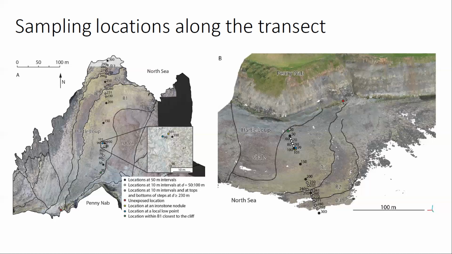Towards the seaward end of the platform, 2 lower sandstone beds are exposed. We targeted the seaward portion of the platform and sampled it at 10-meter intervals and just above and below the steps to calculate long-term step-back wearing. Step-back wearing is a phenomenon typical for structurally controlled platforms that are composed of multiple rock layers.